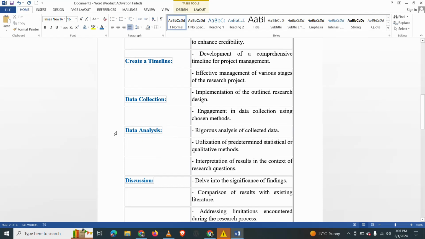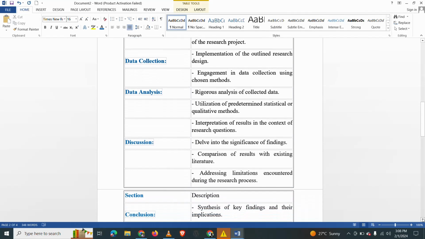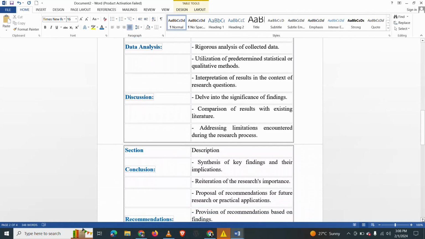Collected data then undergoes rigorous analysis utilizing the predetermined statistical or qualitative methods. The results are then interpreted within the context of the research questions, offering insights into the broader implications of the findings. So, after that, it is important to discuss your findings.